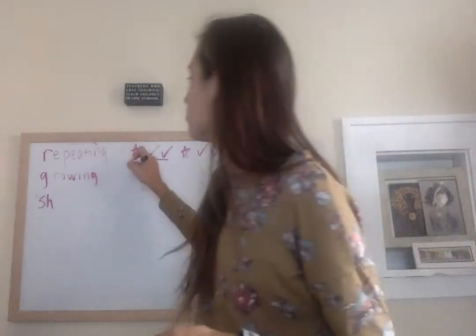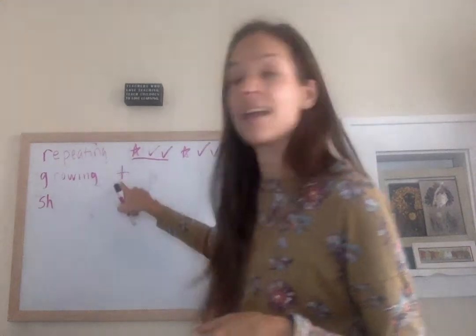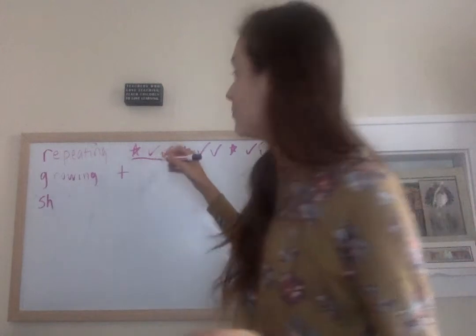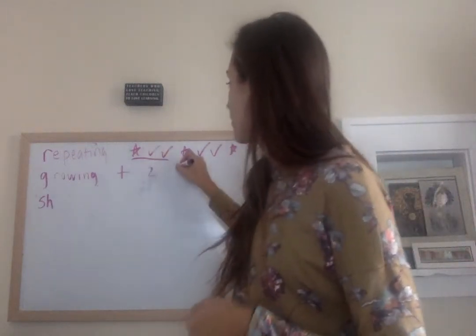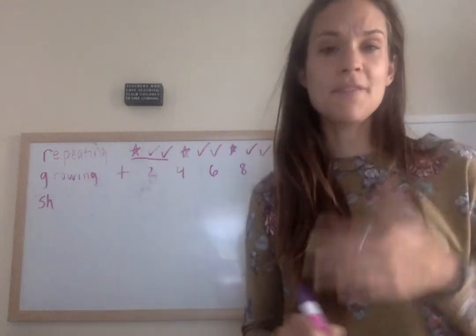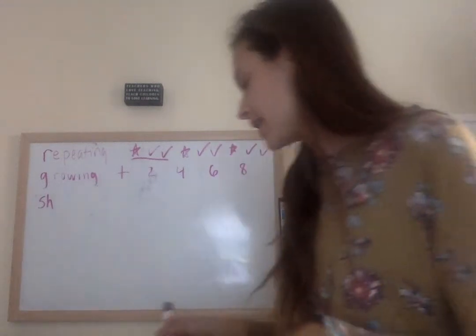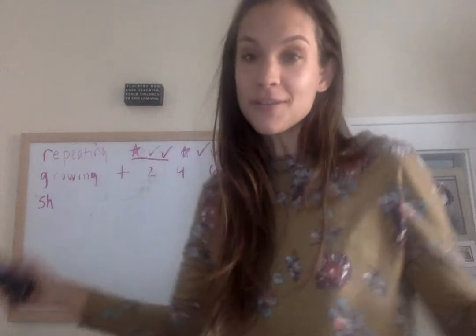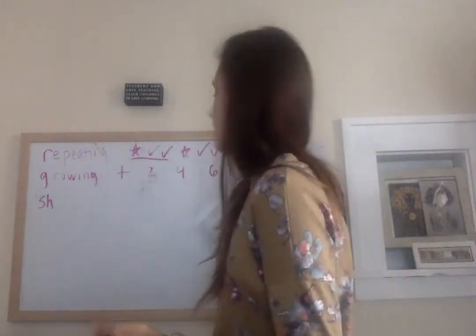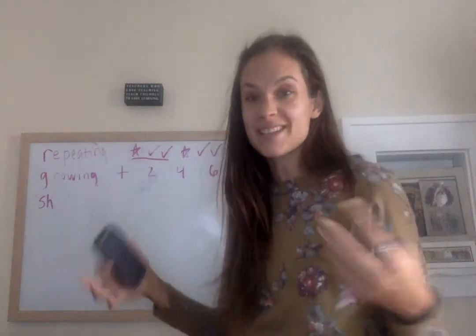So if you see a rule and it says a plus sign, we know that's a growing pattern. An example could be 2, 4, 6, 8. Another example could be 5, 10, 15, 20, or 10, 20, 30, 40, or 100, 200, 300, 400. A growing pattern increases, it gets bigger.